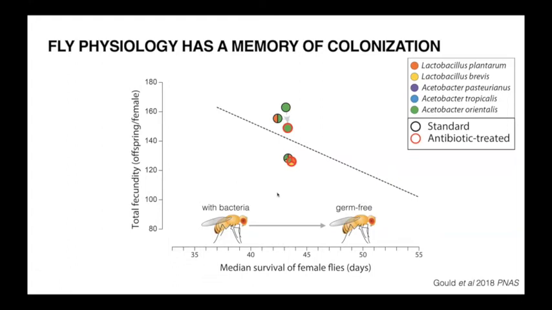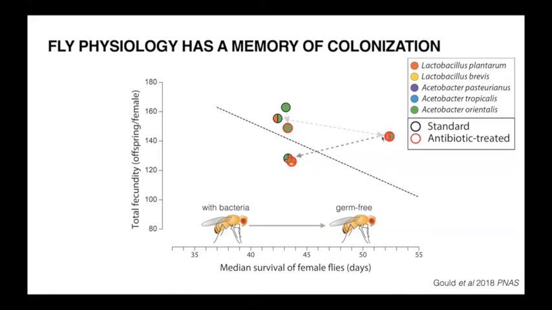as if they still have their microbiome. So this is curious, but what's also curious from a microbiome interaction standpoint is that the intermediate bacterial association of Acetobacter and this one Lactobacillus plantarum does not have the memory, it breaks the memory. And so one of the things we're working on now is trying to figure out what is going on.